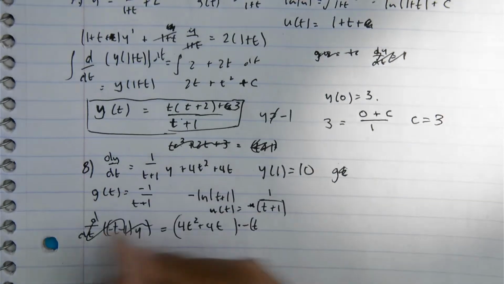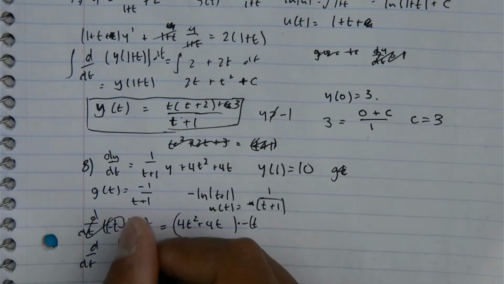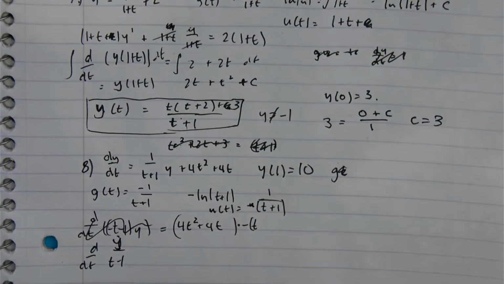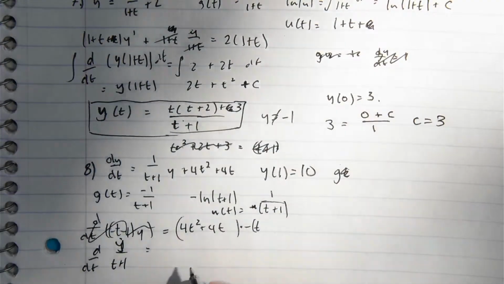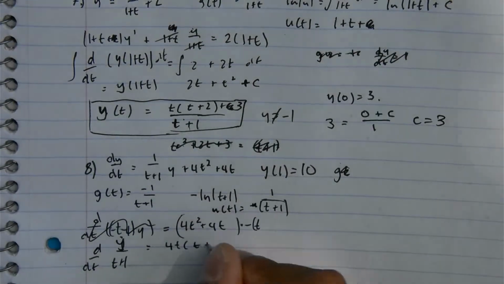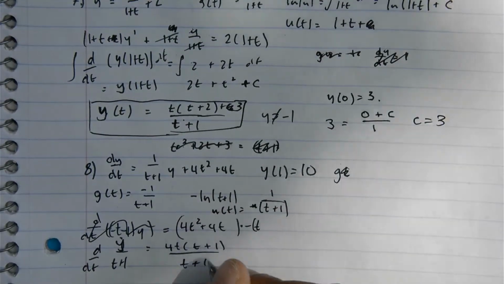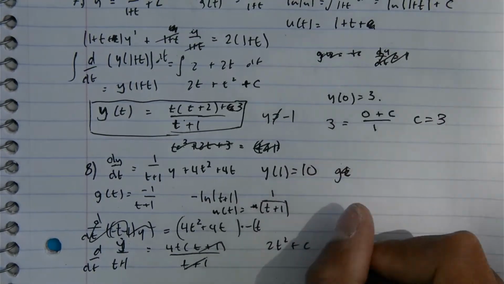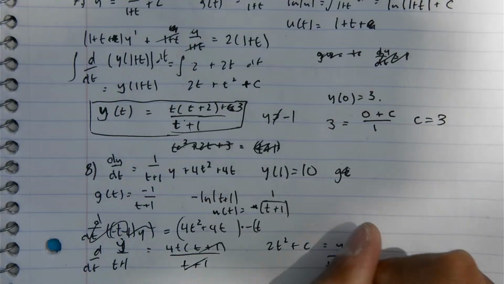So this is going to be d/dt of y over (t plus 1) is equal to, so then we're going to get 2t squared plus c is equal to y over (t plus 1).